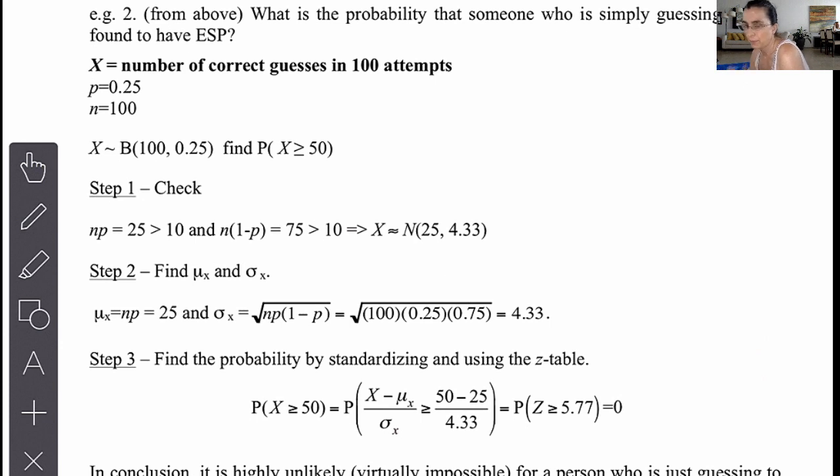Alright, so this is the problem for ESP. 100 cards are shown to an individual to determine if they have ESP. The chance of getting a card right by guessing: there are 4 different images and no reason to think guessing any particular image is more likely correct.